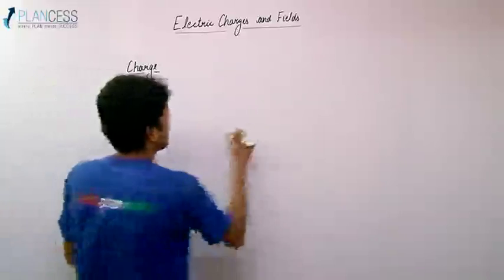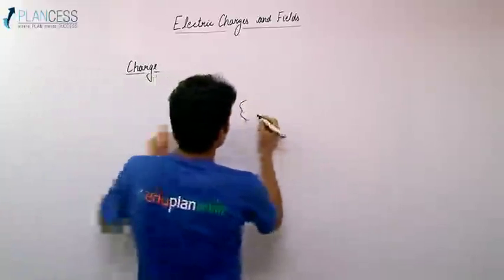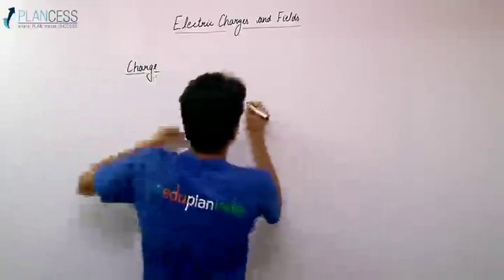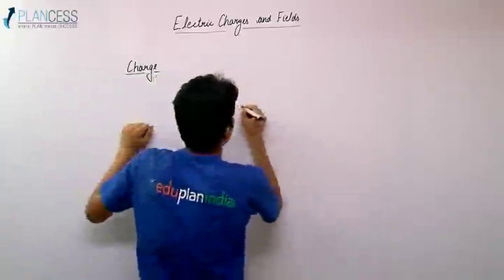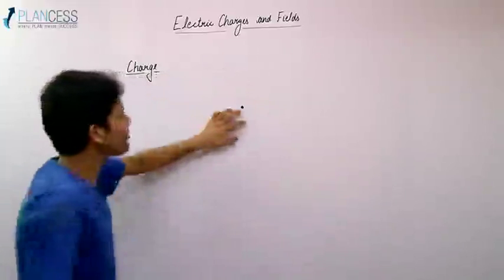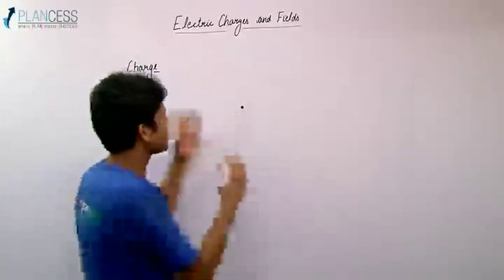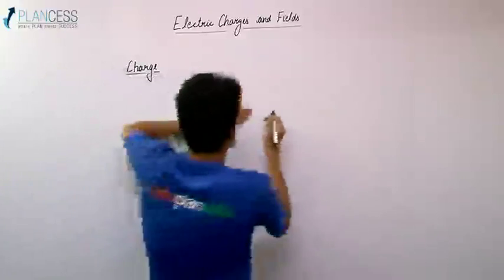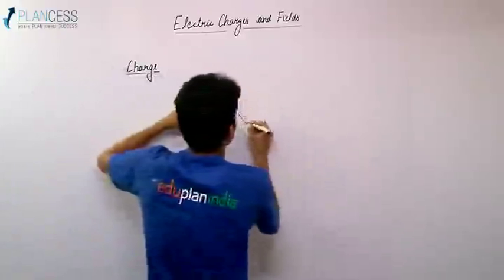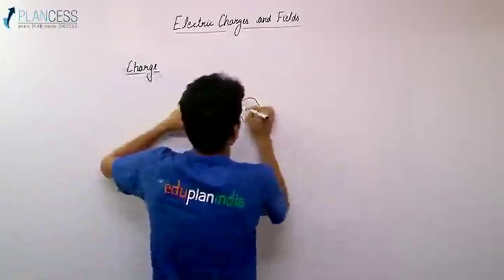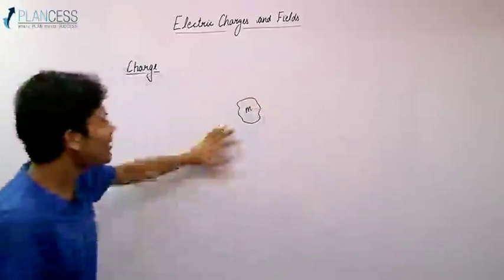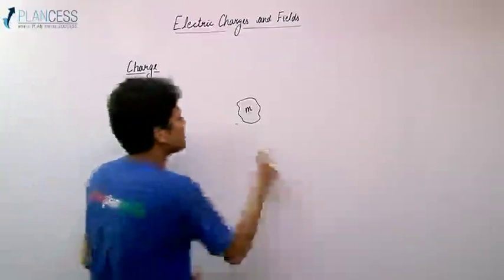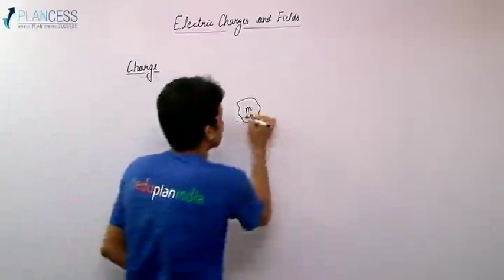Let's say this is a matter of mass m. If I say that this body has some charge, let's say plus q, what do I mean?